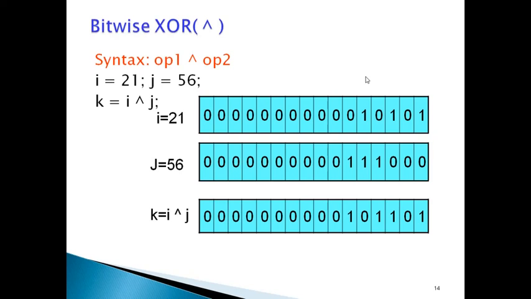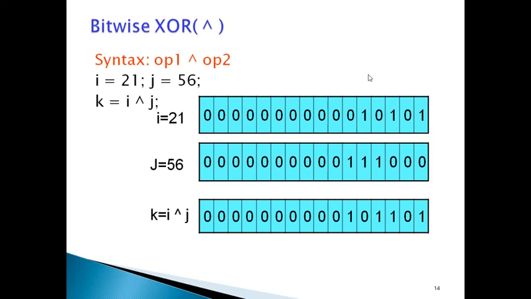Second bit, 0 XOR 0 returns 0. Third bit, 1 XOR 0 returns 1. Fourth level, 0 XOR 1 returns 1.